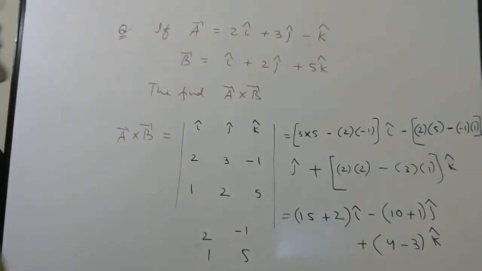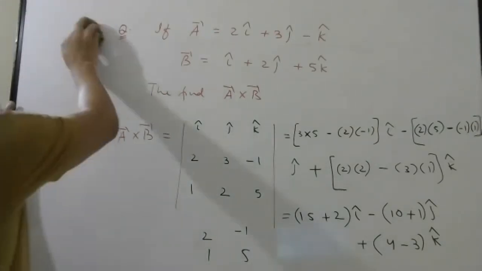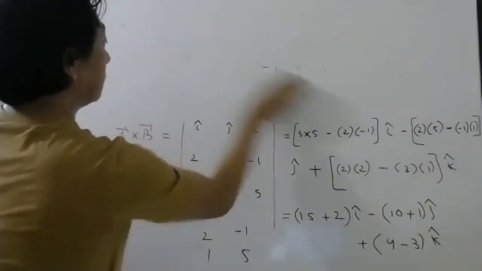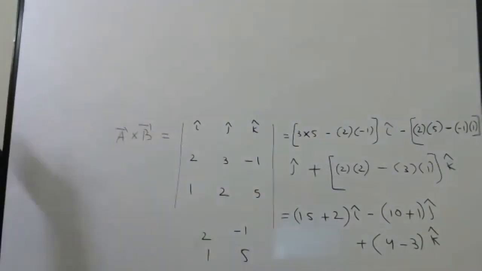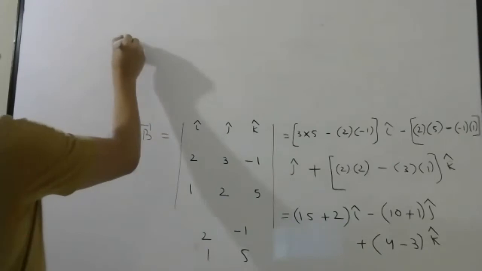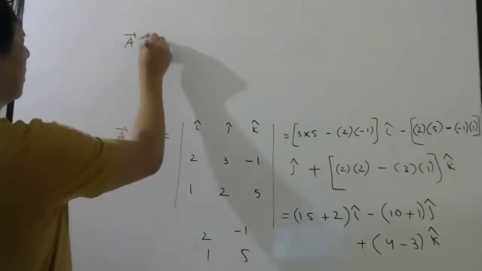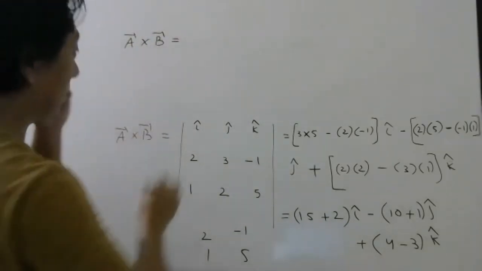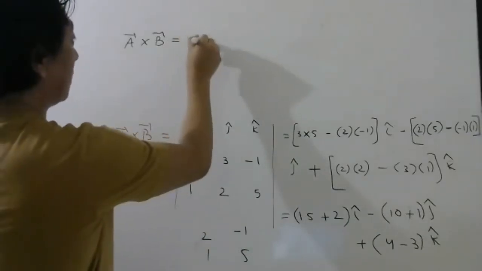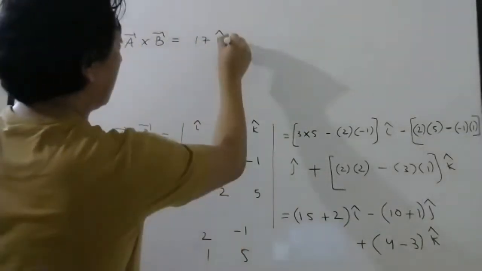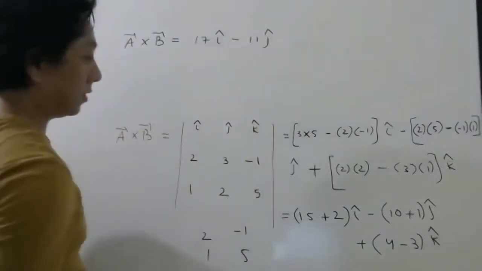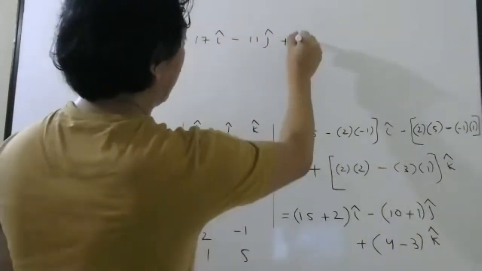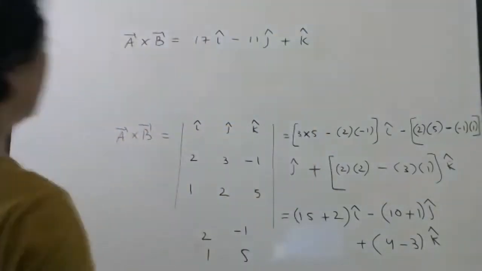Okay. Then let me rub this one now. So finally, what will be A bar cross B bar? 15 plus 2, 17 i cap minus 11 j cap plus 1 k cap. 1 k cap means simply k cap. So this is your cross product.